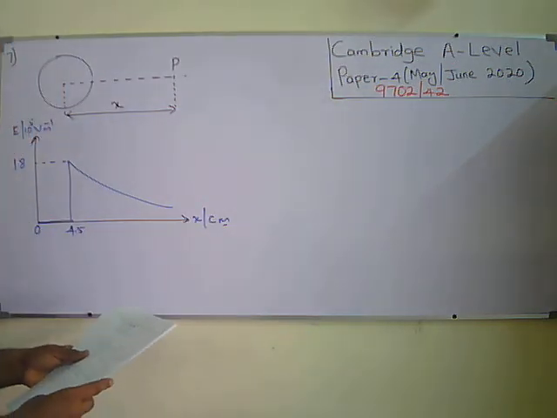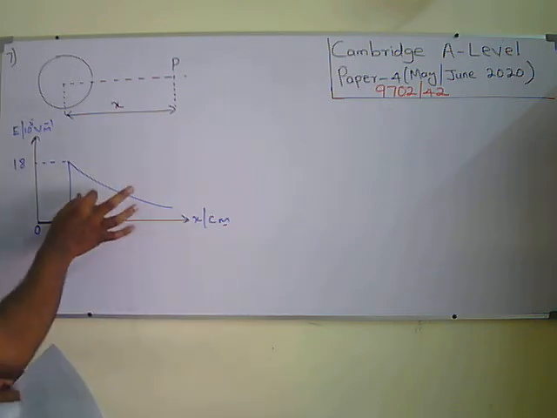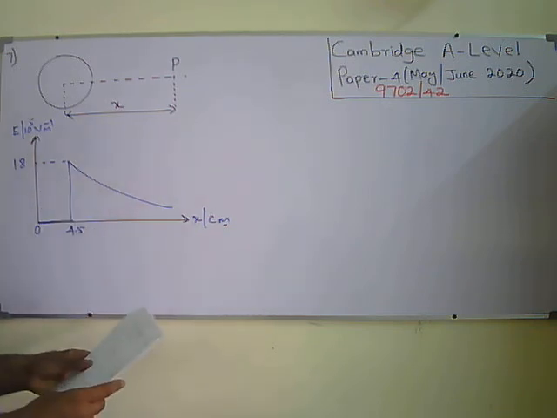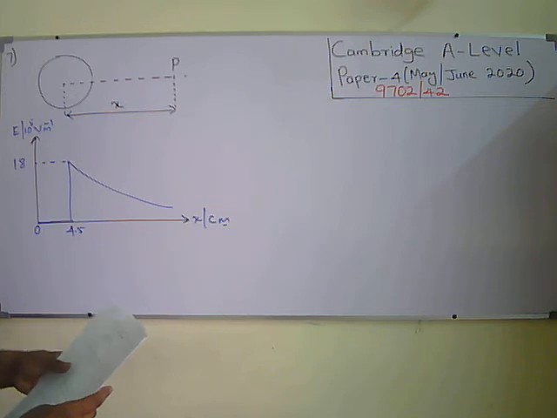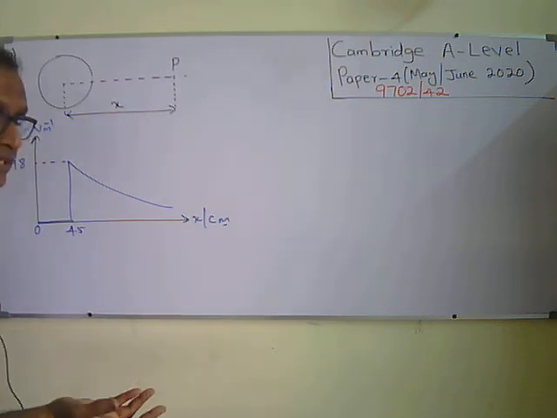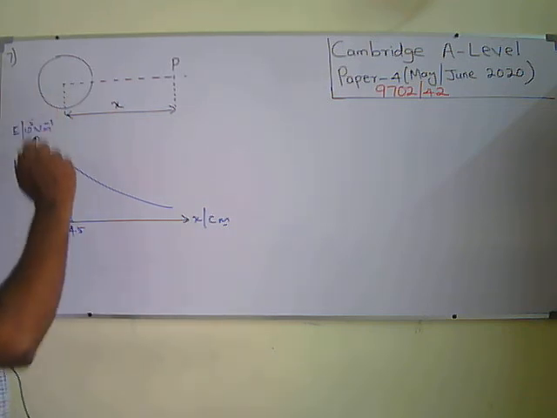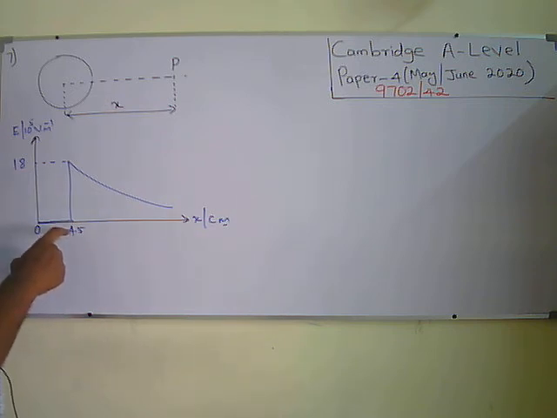B part, first part, use figure 7.2, that is this graph, to determine the radius R of the sphere. So I already told that. When you consider inside a sphere, the electric field strength will be 0. So up to 4.5, the electric field strength is 0. So there's nothing to calculate.